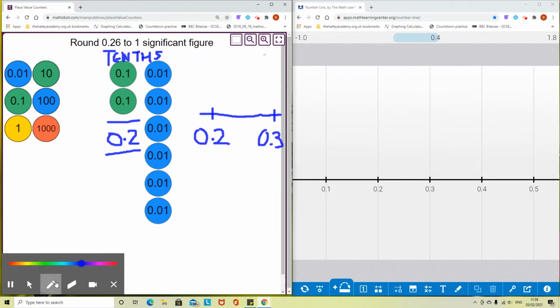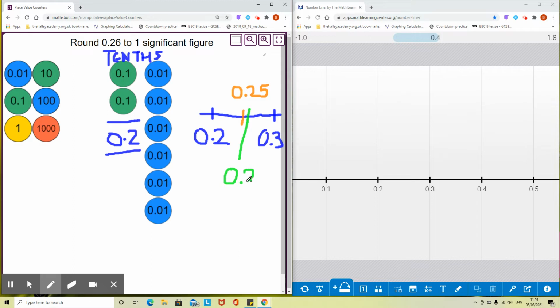The one in between is 0.25. We know 0.26 is just after 0.25. That's where 0.26 would be, and that's closer to 0.3.